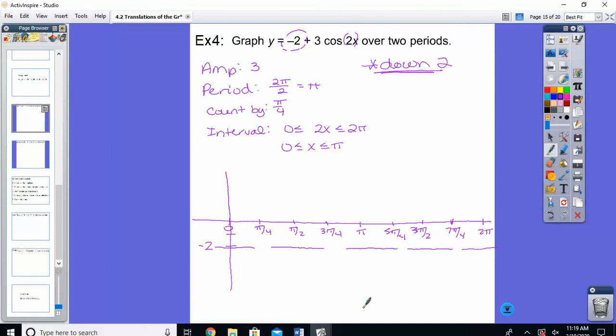So -2 is now like my 0 mark, and then we're going to be going above and below that. So my amplitude is 3. That means I will be going 3 above this line, which is to +1, or 3 below this line, which would take me to -5.